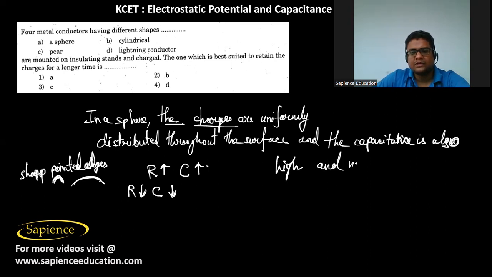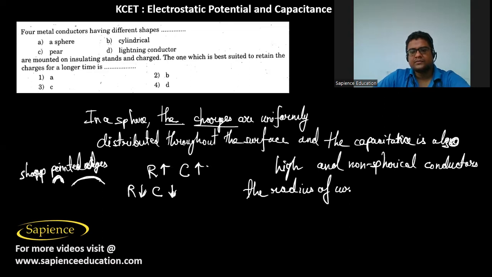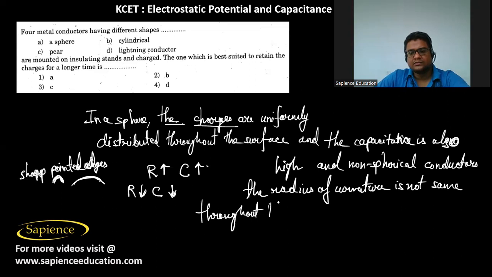For non-spherical conductors, the radius of curvature is not the same throughout the surface.